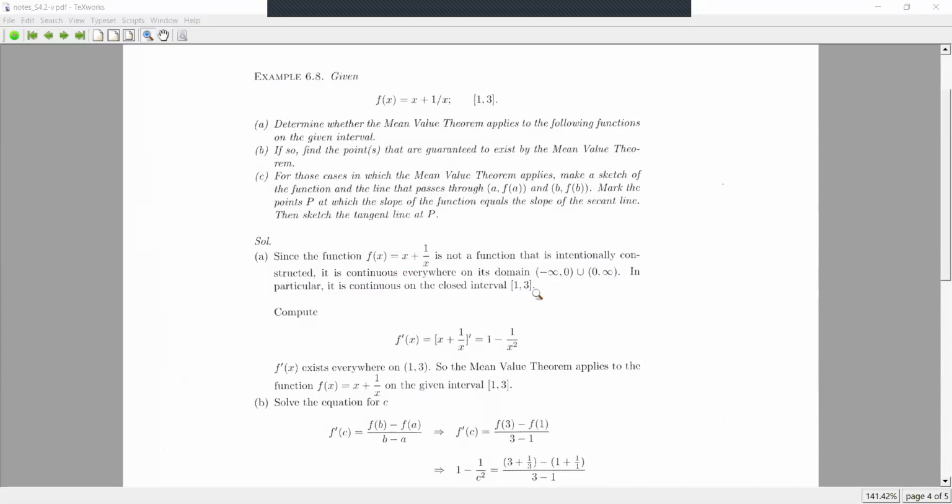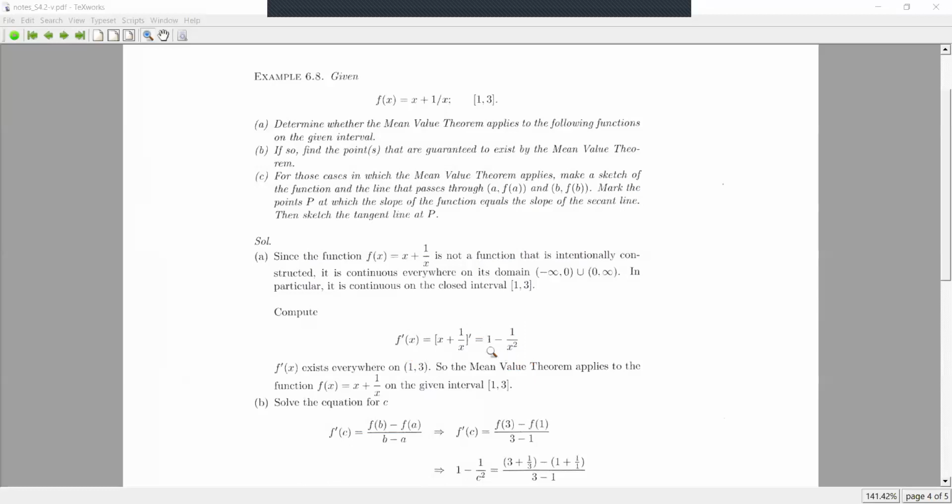Now let's check the second condition of the mean value theorem, whether the function is differentiable between 1 and 3. Now I compute the derivative of the function. I can use the summation rule. The derivative of x is 1. For the derivative of 1 over x, I apply the quotient formula and get -1 over x squared. So this is the derivative of the function f.